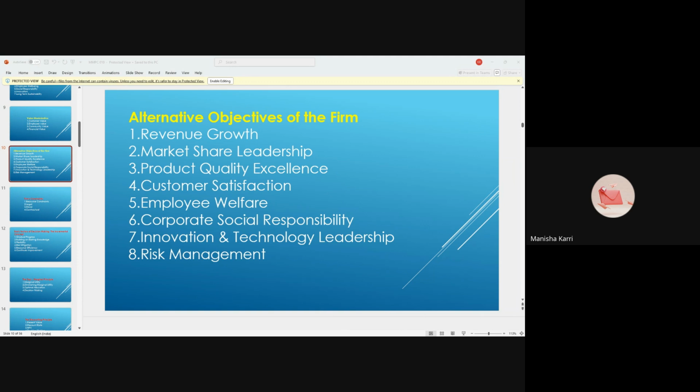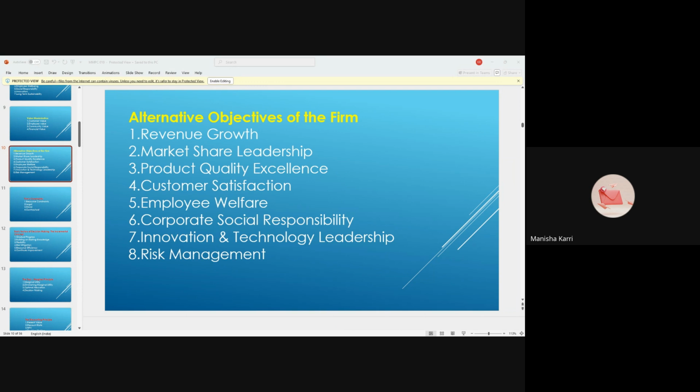Employee welfare. Some firms will prioritize the well-being and development of their employees. This can include providing competitive salaries and benefits, opportunities for career growth, and a positive work environment.